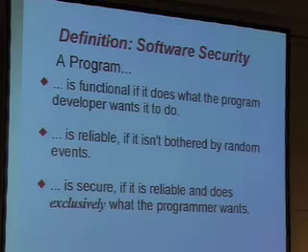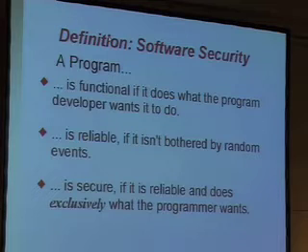My opinion is, taking an incremental approach, a program is functional first if it does what the program developer wants it to do. It is reliable if it isn't bothered by random events, so it just keeps on doing what it should do, even though random packets arrive and packets get corrupted by chance. Even if there are bugs, you won't see problems because the system just keeps running.